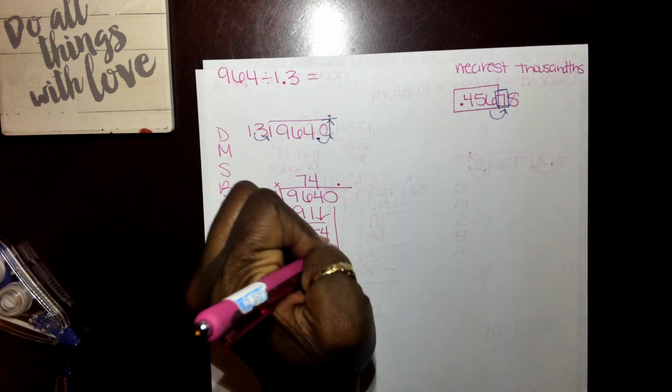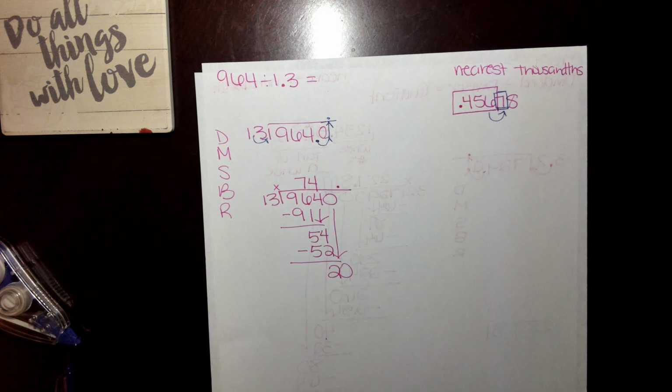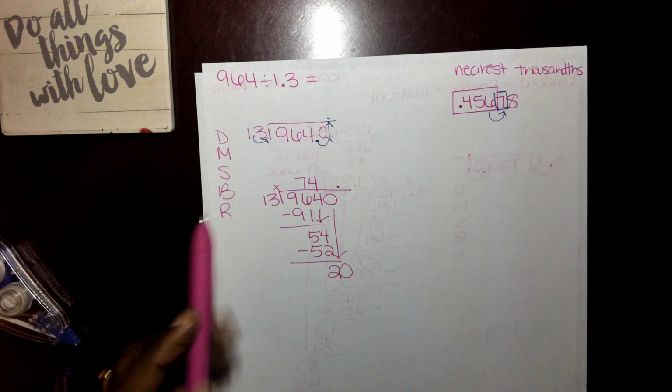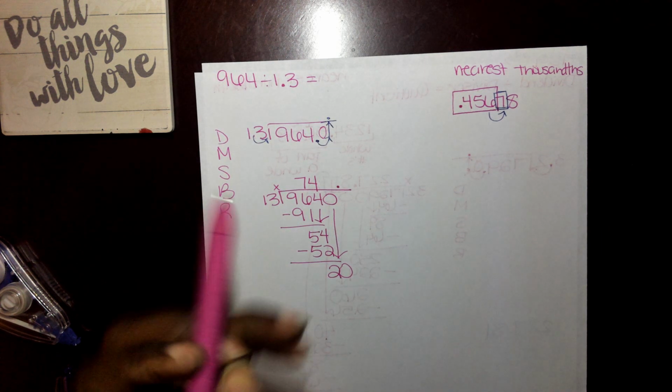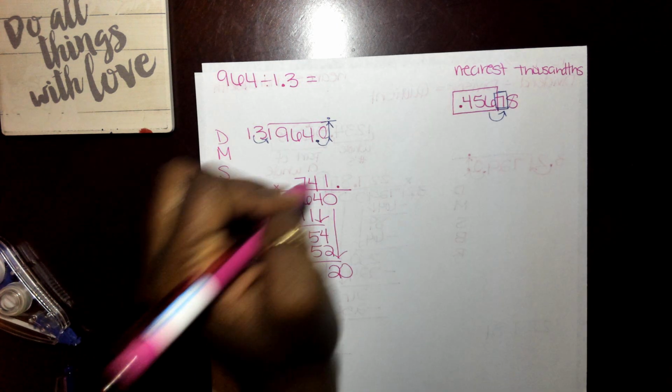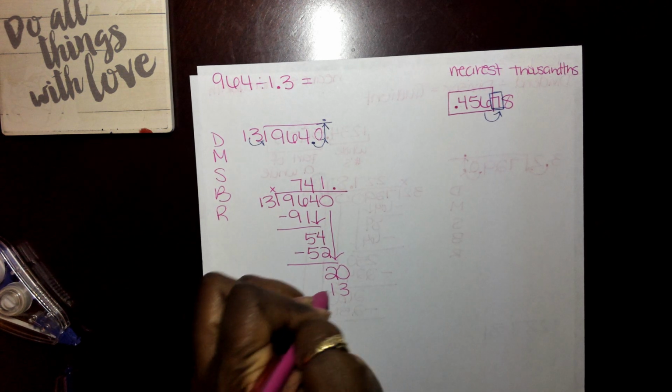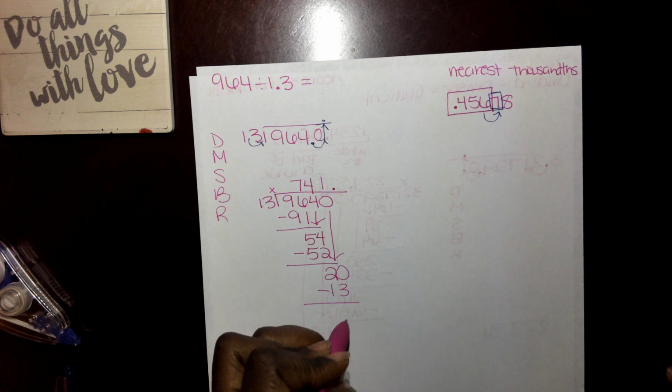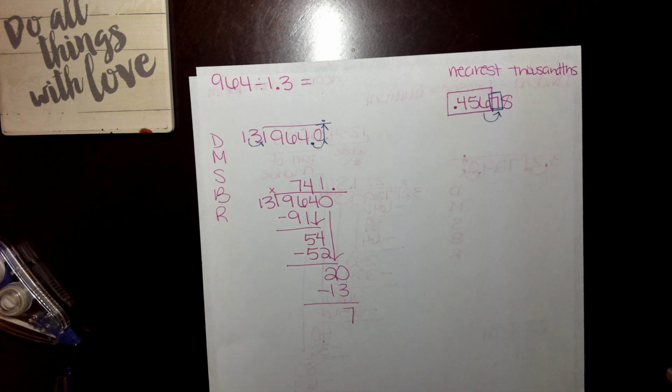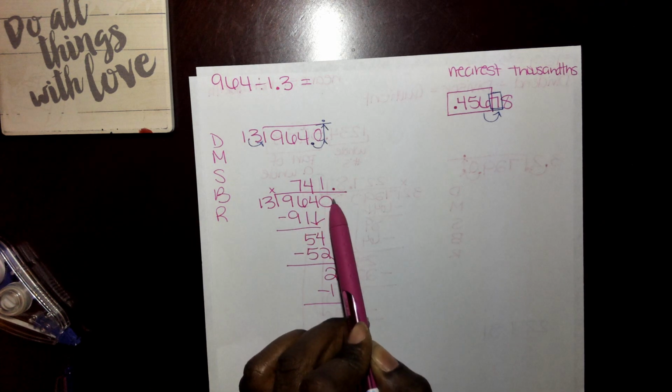And then I bring down the next number, which is a 0. So now we have 13 into 20 one time. 1 times 13 is 13. Subtract, the difference between those two numbers is 7. I'm all out of numbers up here. So what do I do now?